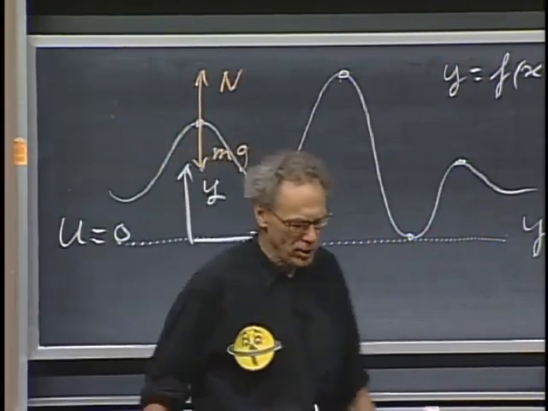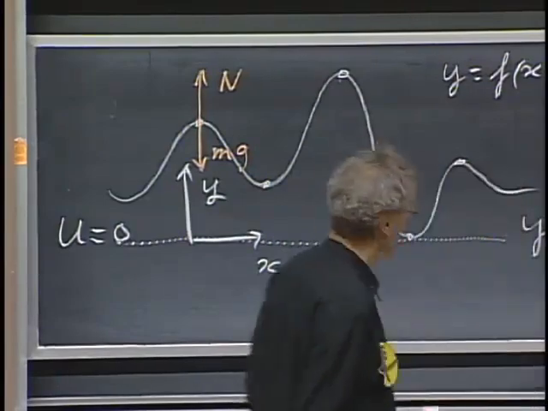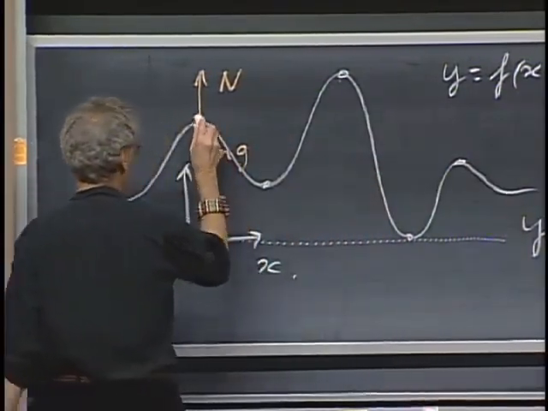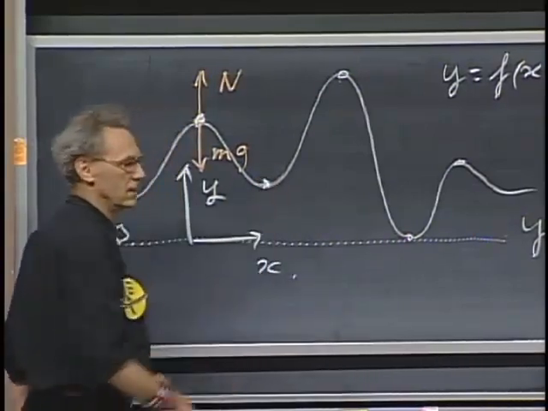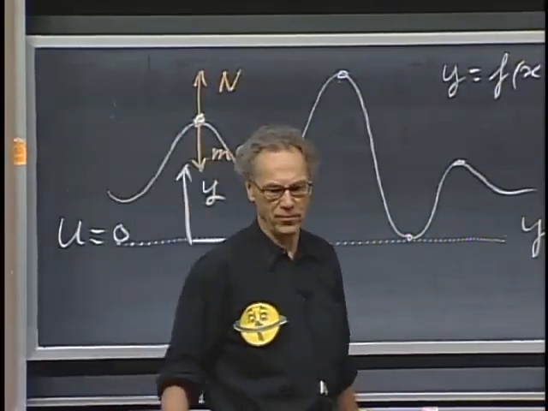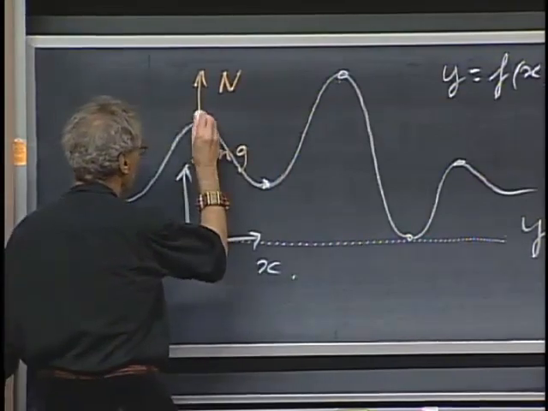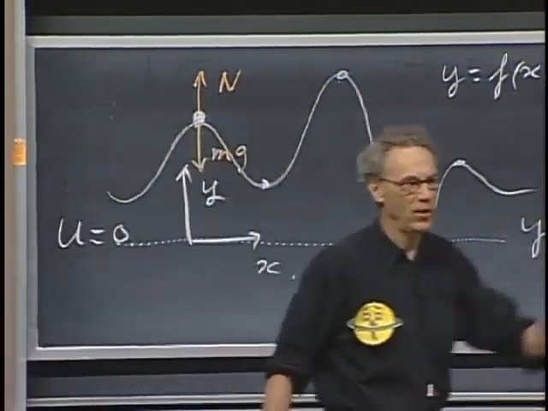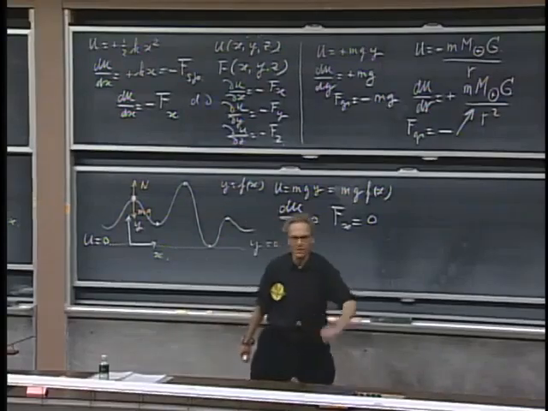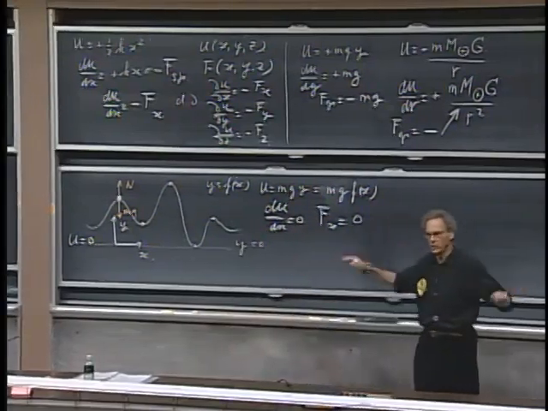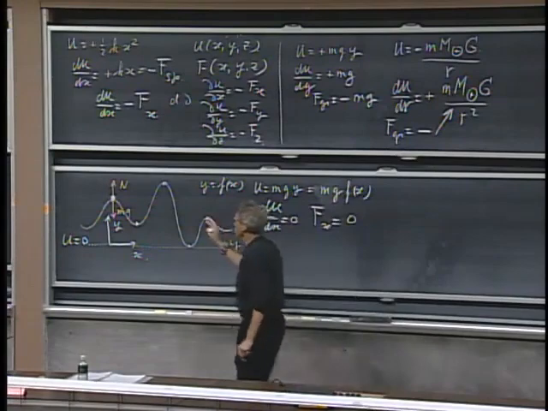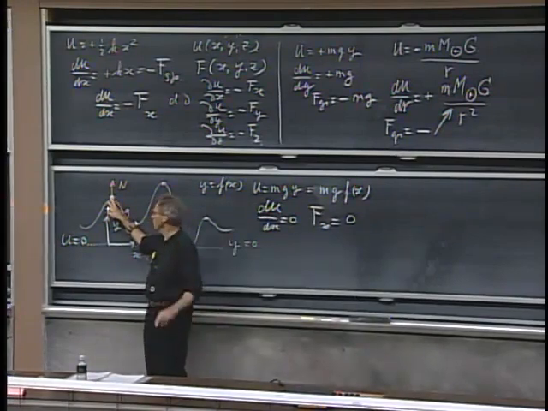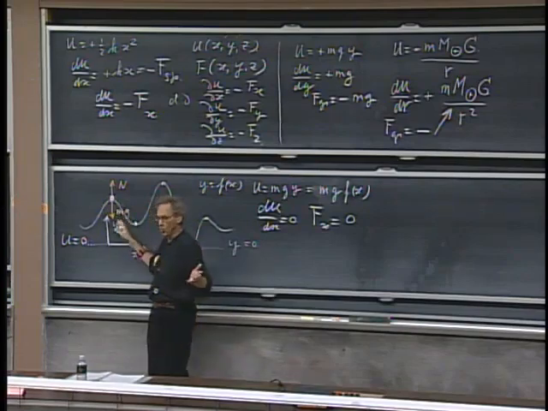However, there is a huge difference between this point here and that point there, and you sense that difference immediately. If I put a marble here, I will have a hell of a time to keep the marble in place. Because if there is a fly in the corner of 26.100 which does something, then the slightest amount of force on this one and it will start to roll off.